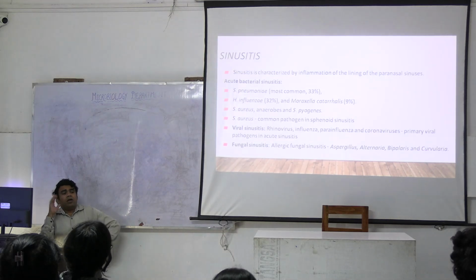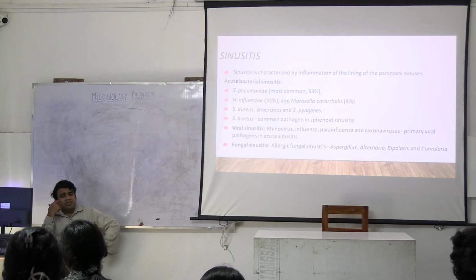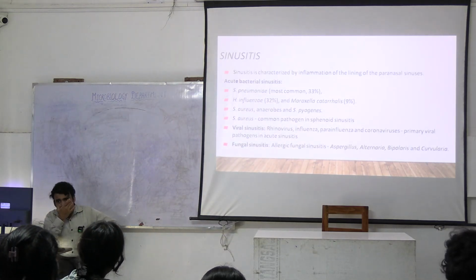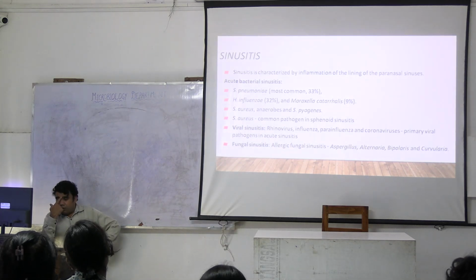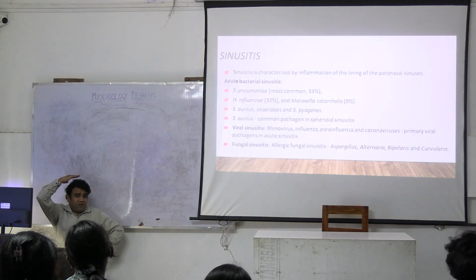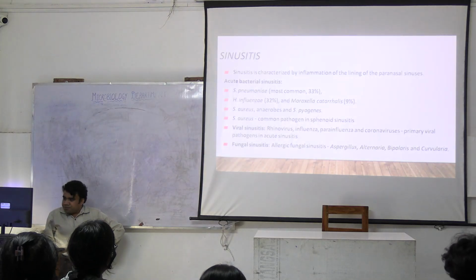Symptoms will depend on the site of the infection. For example, if the maxillary sinuses are inflamed, the patient will complain of swelling in the maxillary region. If the patient is complaining of pain over here, most commonly it is because of the frontal sinuses. And if the patient complains of headache, most probably it's sphenoidal and ethmoidal sinusitis.